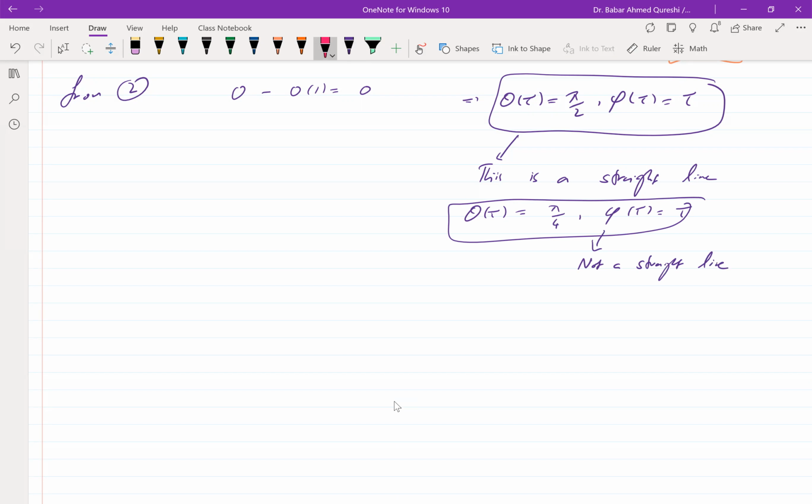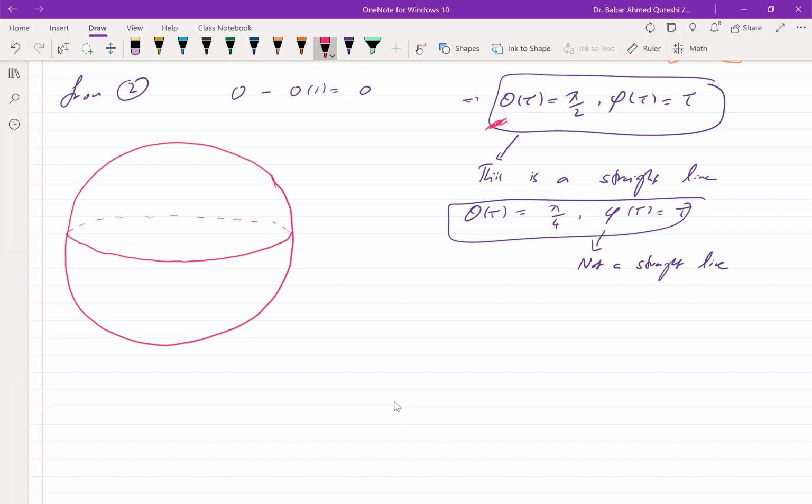So what is it telling us? On the sphere, what is this curve? This curve is when theta is equal to pi by 2, which is the equator, and I just go around the phi. So the equator is a straight line.